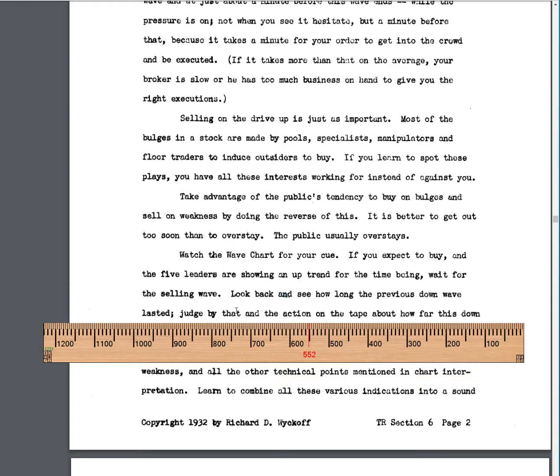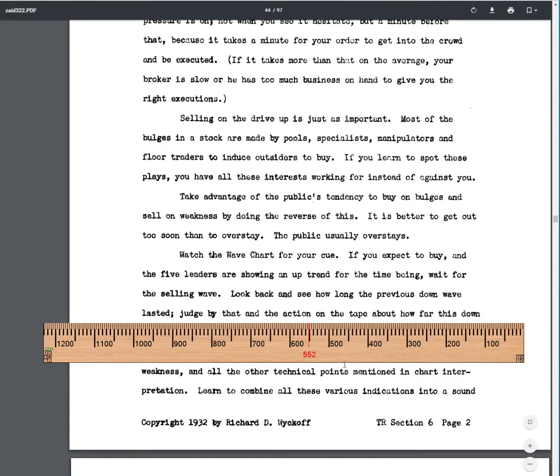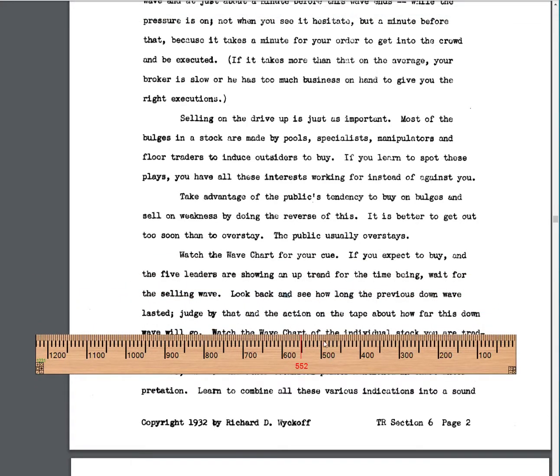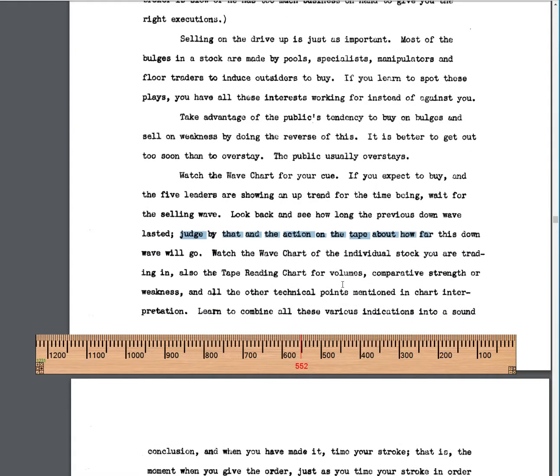The last pullback gives you data about the current pullback. Because that's the data you have, you want to use the last pullback. That's what he means. Look back and see how long the previous down wave lasted. Judge by that and the action on the tape about how far this down wave will go.